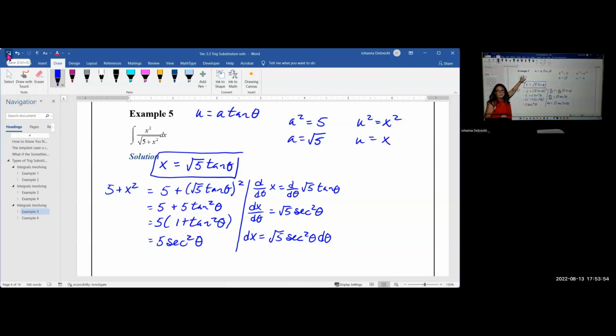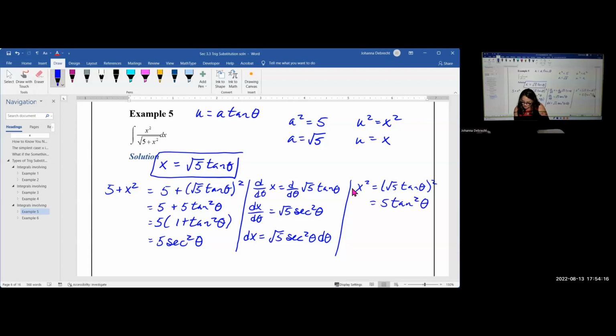What's left is this x squared. Well, I have an expression for x, so I can just square it, and that will replace that factor. So we're replacing each piece as we go. So this becomes the square root of 5 tangent of theta, quantity squared, which becomes 5 tangent squared of theta.